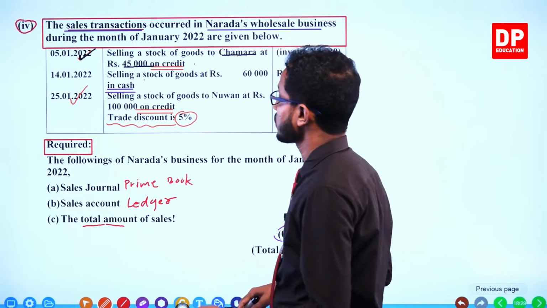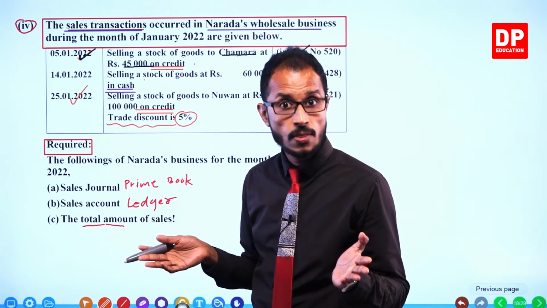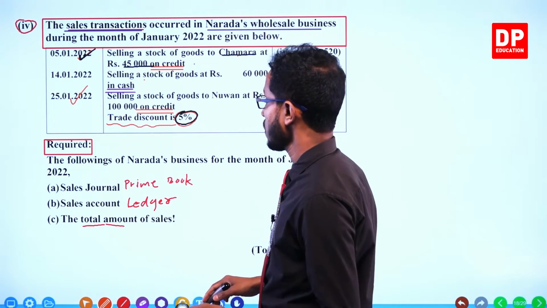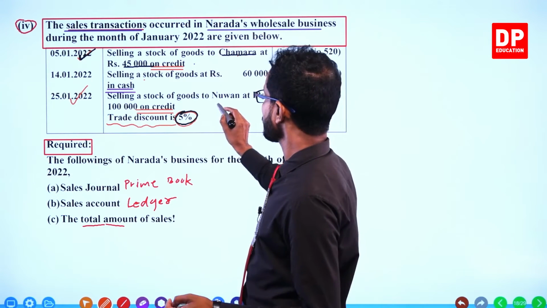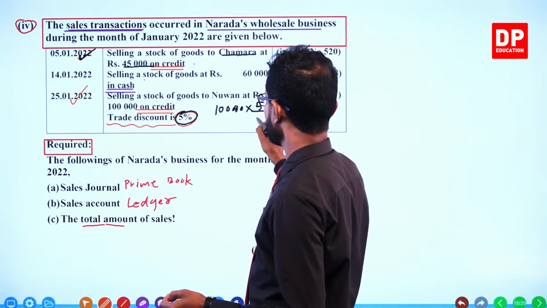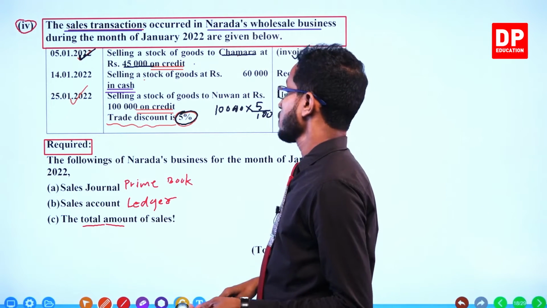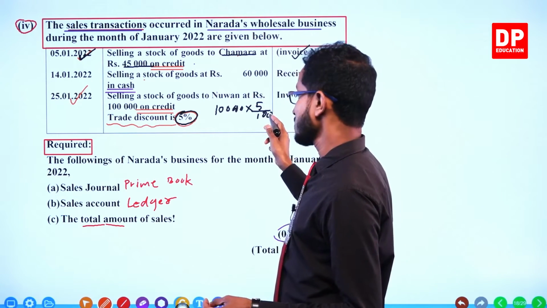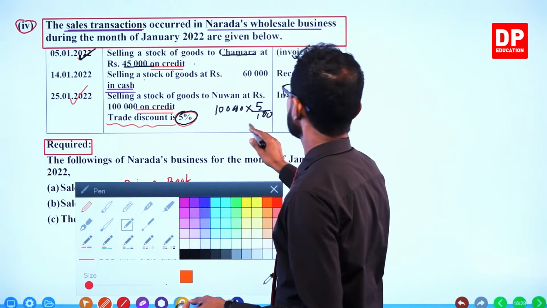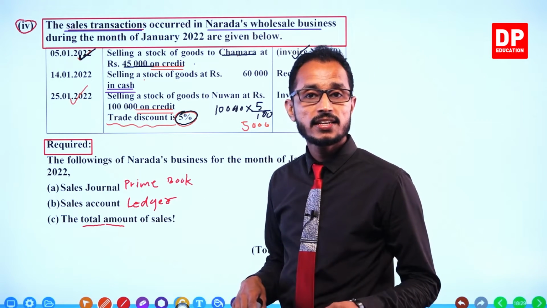Now, the amount should be taken after deducting the discount. I told you not to forget the discount. It is a 5% discount. 100,000 into 5% is 5,000, so you should subtract 5,000 from 100,000, which gives 95,000.